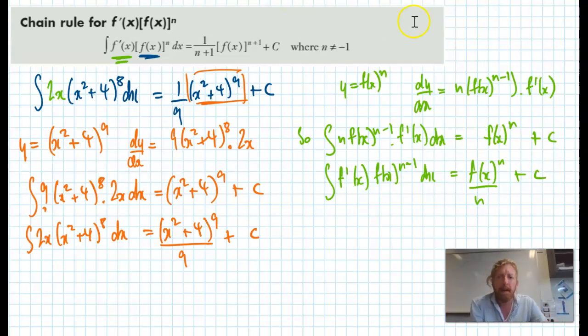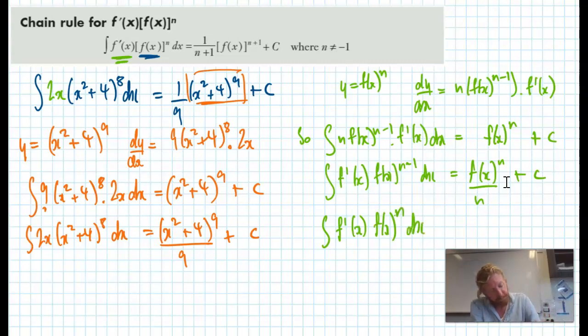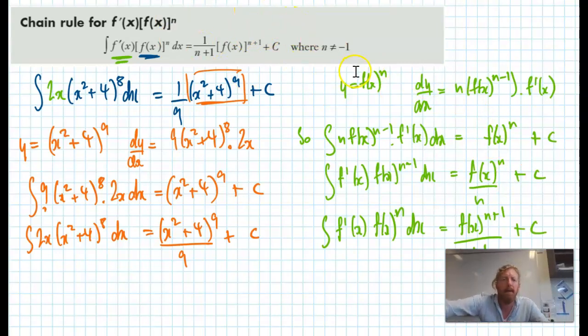So that looks like what I've got up here, but I'll just switch my n's and n plus 1's. The integral of f dash x, f of x to the n minus 1, add 1 to it, becomes n. Equals f of x to the n plus 1 over n plus 1, plus c. And that's what I have up here.